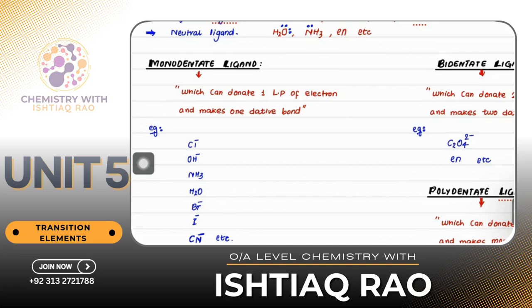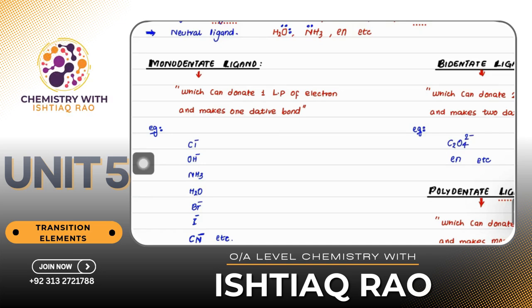If you are thinking, sir, water has two lone pairs on the oxygen, so why are you saying it's a monodentate ligand? Because it can donate two lone pairs of electrons. No, no, it's a misconception. Yes, I'm not saying that it doesn't have any lone pair of electrons.